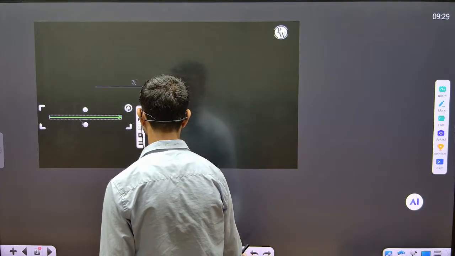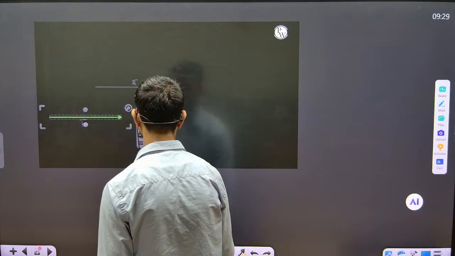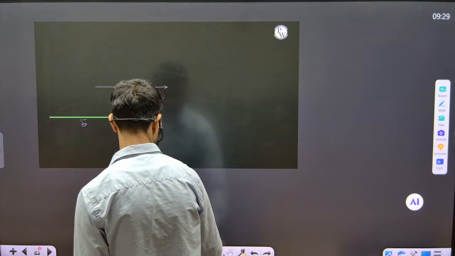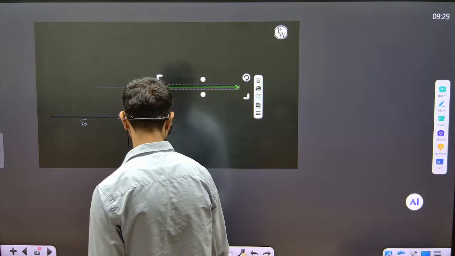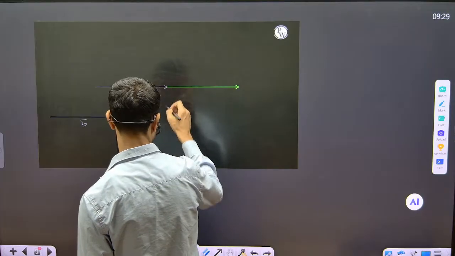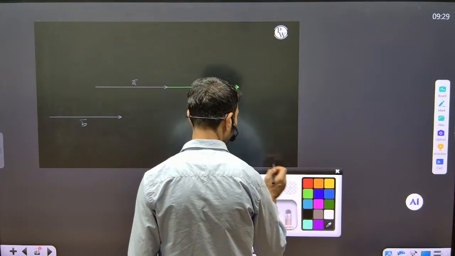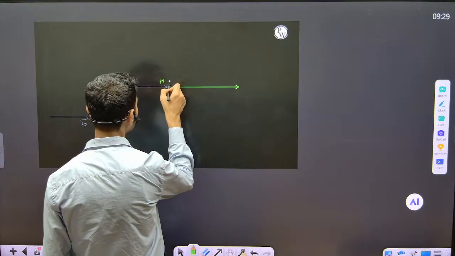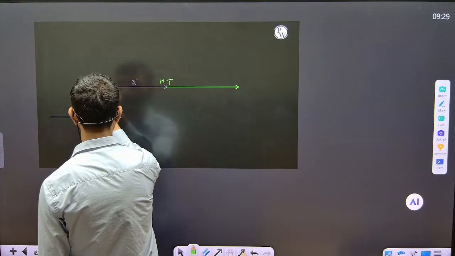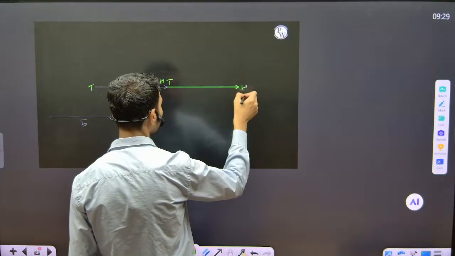So I've brought the head and the tail together. You see, head and tail are together, and this is tail, and this is head, right?